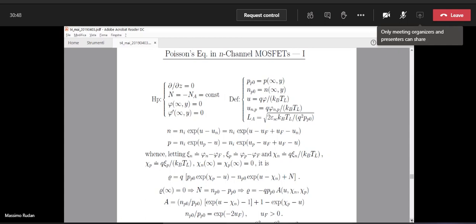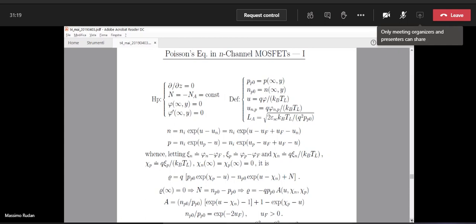of course, we have a two-dimensional situation, so no dependence on Z. We assume that the substrate is uniformly doped of the p-type, so n is equal to minus NA. And we assume the typical boundary conditions, that in the bulk, the electric potential phi is equal to 0 for each position y.